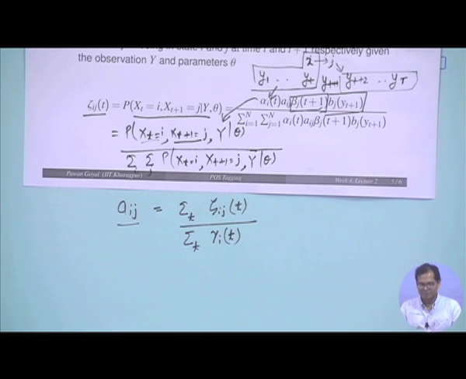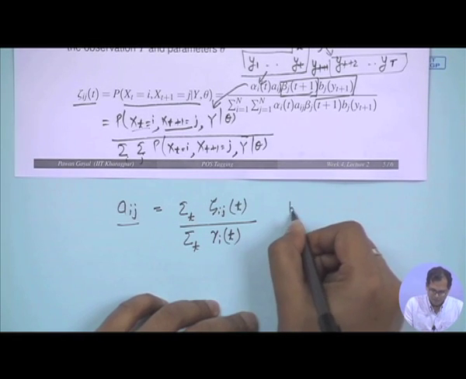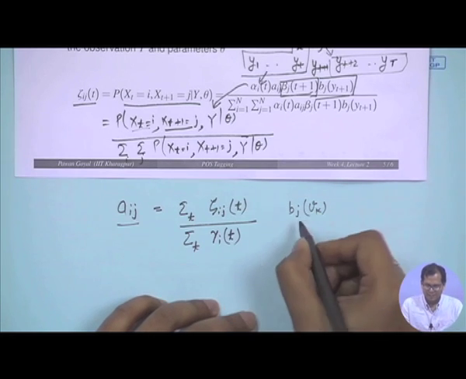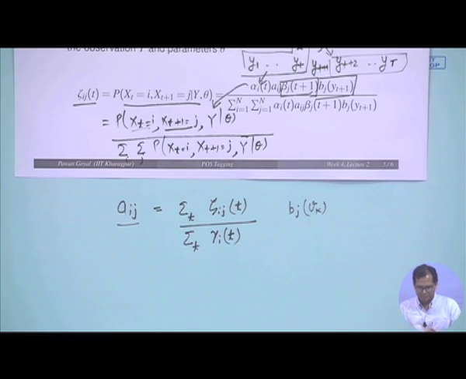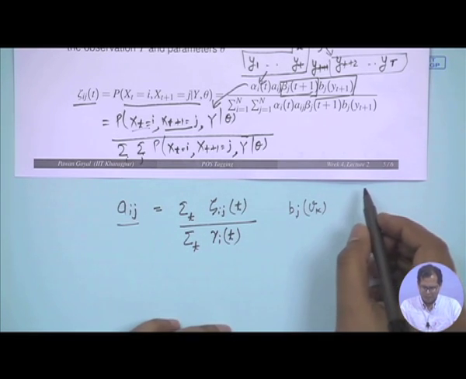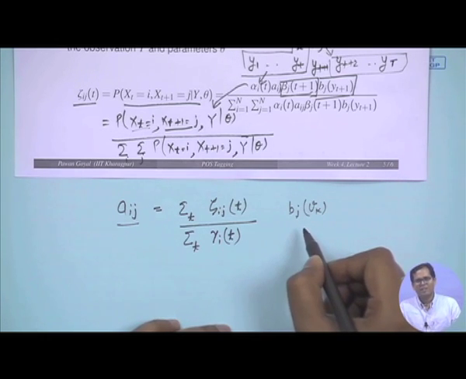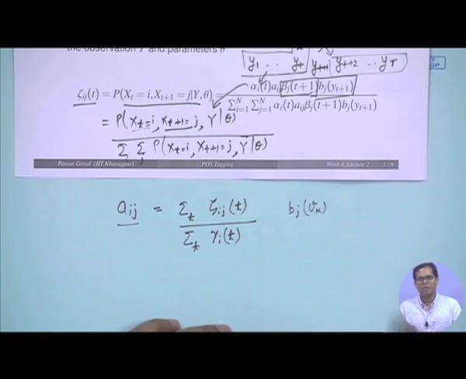This is my aij. And similarly, how can you compute your bj(vk)? That is, at state j you are emitting vk. How can you estimate that? So for that you have to find out whenever you are in state j, is the observation actually vk? How many times you are in state j where the observation is vk, divided by the number of times you are in state j.